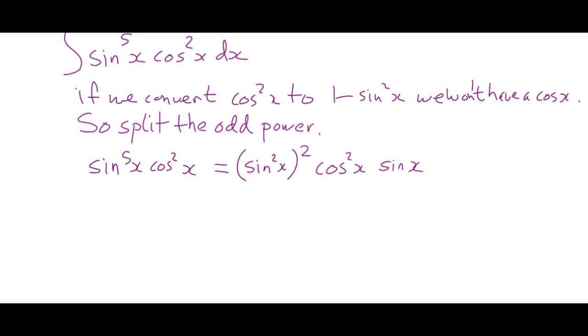All right, so sine squared x, basic trig, is 1 minus cos squared, right? So this will become 1 minus cos squared x, squared, times cos squared x times sine x. Okay, so we've still got that single sine x, and the rest of it's in terms of cos x, right? So that's good.